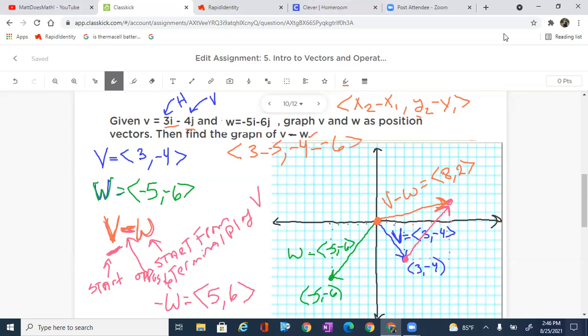So we can just subtract the horizontal components and then subtract the vertical components: 3 minus negative 5, two negatives make a positive, we have 8. Negative 4 minus negative 6, two negatives make a positive, that's negative 4 plus 6, which is 2. So that would mean the component form for v minus w is simply 8 and 2. So we can do this graphically, or we can do it algebraically.